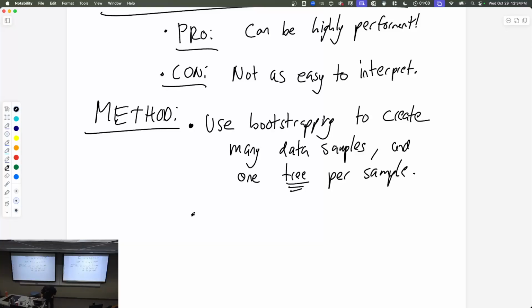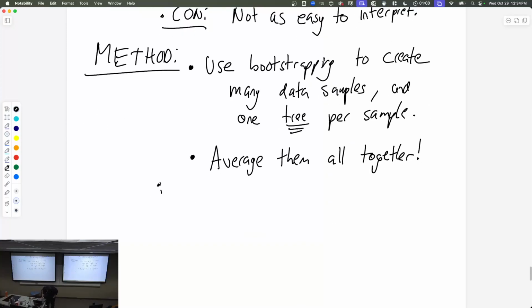And then we combine them by averaging. Average them all together. When you average them all together, you get this F, which is called the random forest of X. That is the average over the number of samples you did.